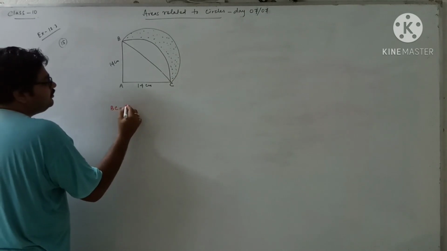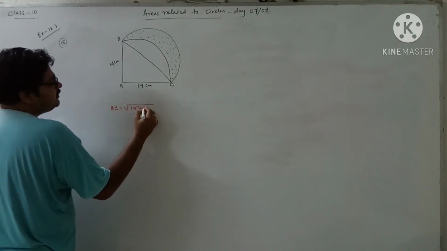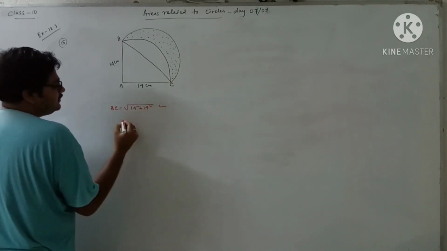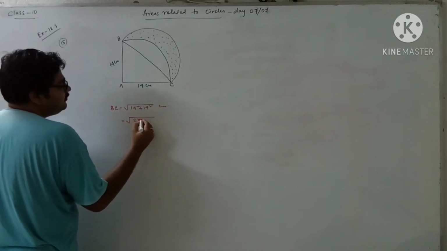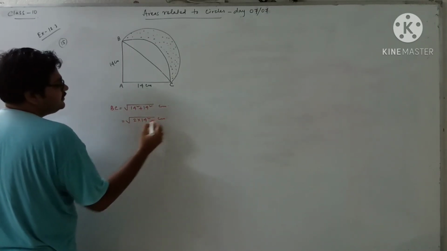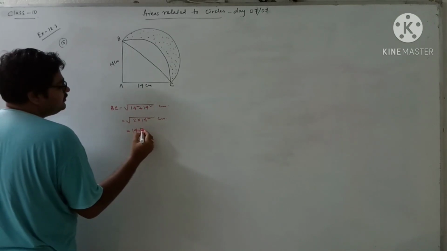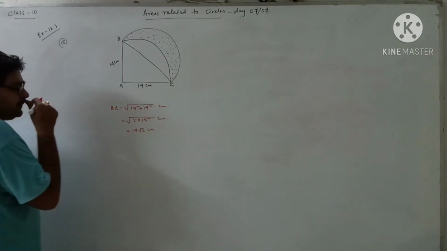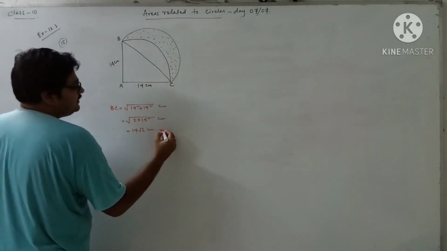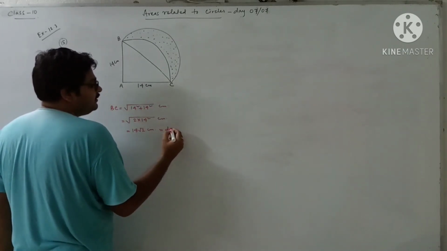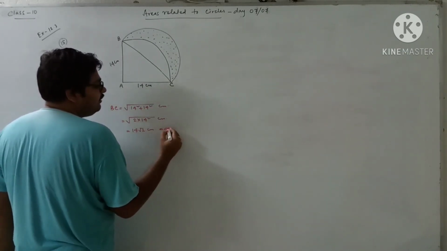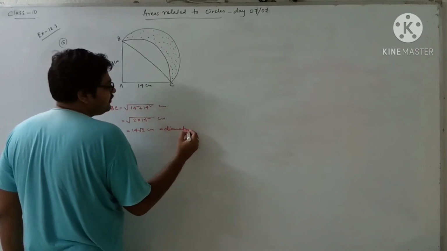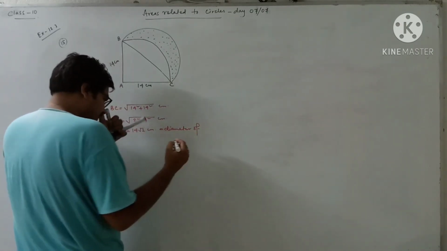BC equal to root of 40 square plus 40 square, so root of 2 into 40 square. So it's coming 40 root 2. So this is the diameter of the semicircle.